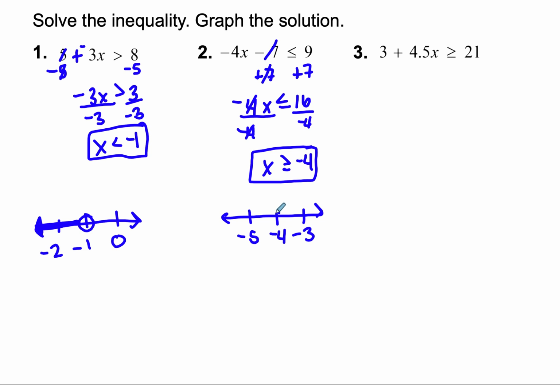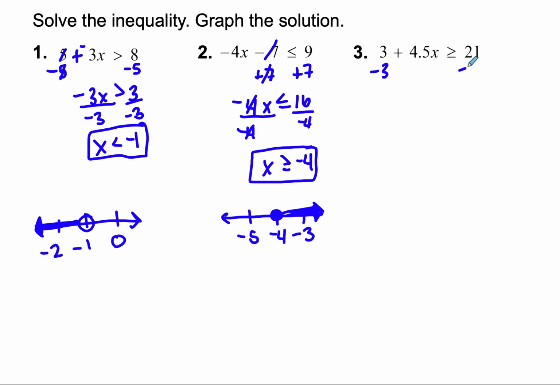It can equal negative 4 because it says or equal to, so I need a closed circle here, and then I am shading to the right. If I took negative 3 and put it in, that would be true. Negative 3 is greater than or equal to negative 4. It's closer to 0.